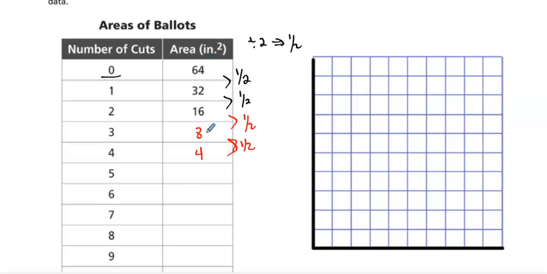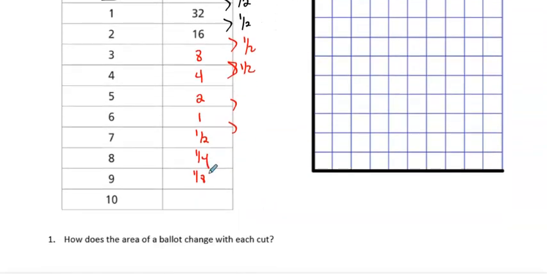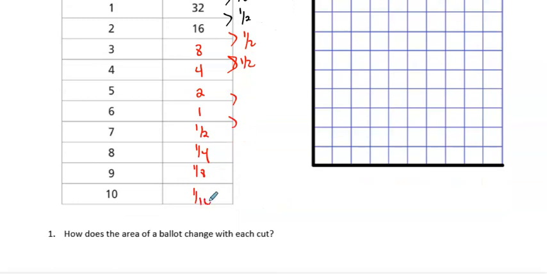So 16, 8, 4, 2, right? 1, right? Multiply by half, 1/2, 1/4, 1/8, right? Just keep multiplying every time by 1/2, and I get down to 1/16 of a square inch after 10 cuts.